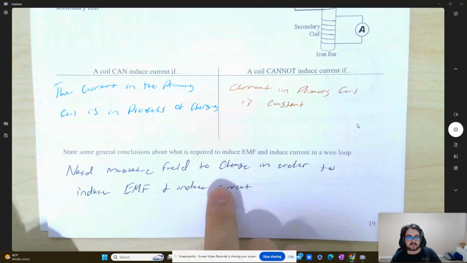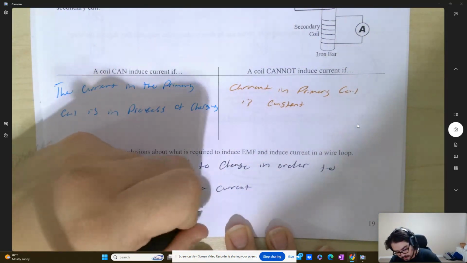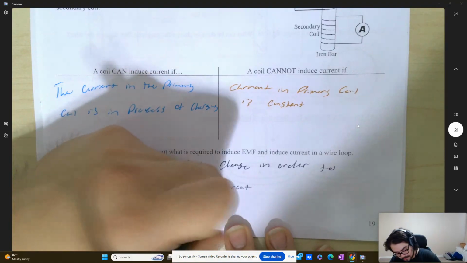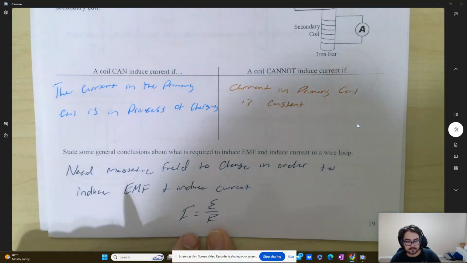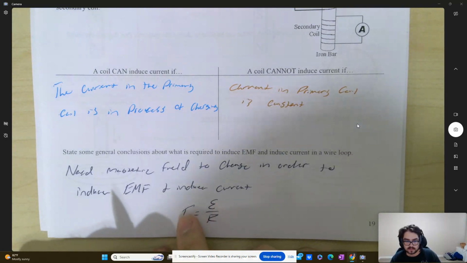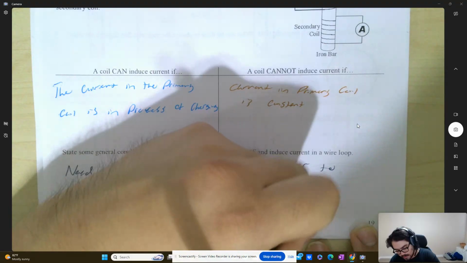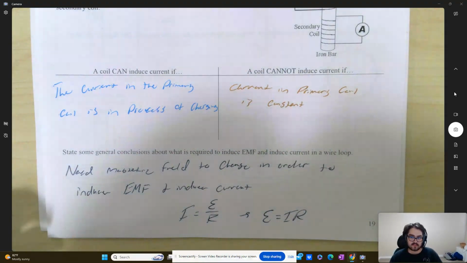You can't have a current with zero EMF, right? Because if you think of Ohm's law, if EMF is zero, then current is zero. Same thing the other way, right? EMF is equal to I times R. If you have zero current, then there's zero EMF, right?